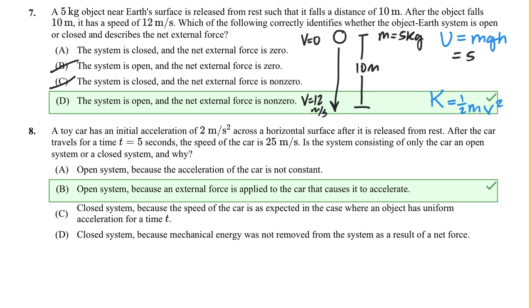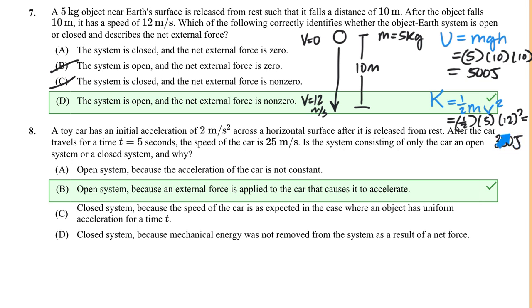So 5 times 10 times 10, which is 500 joules. Kinetic energy, we got 1/2 of mass, which is 5, velocity squared, which is 12 squared. Let's see how much that is. I think that's 360 joules, but I already know that these don't add up to each other.